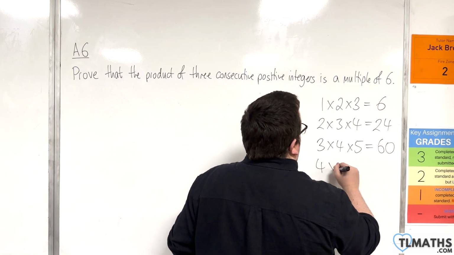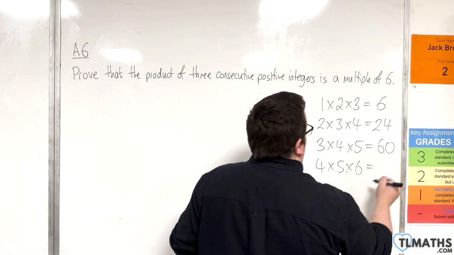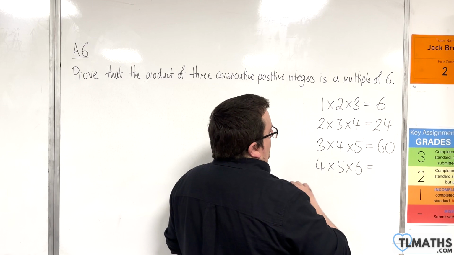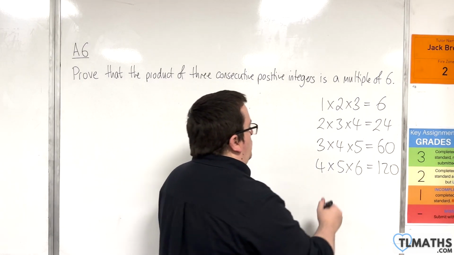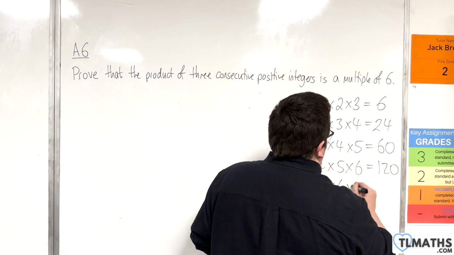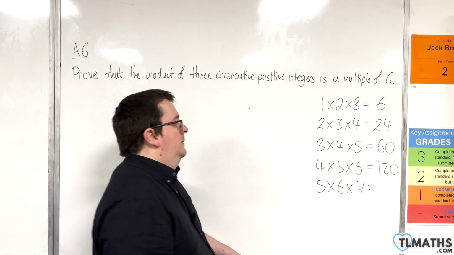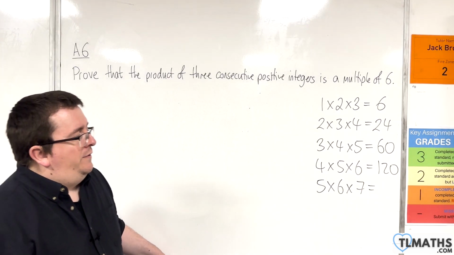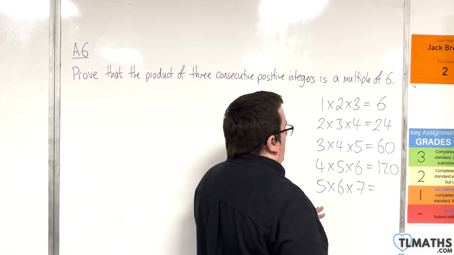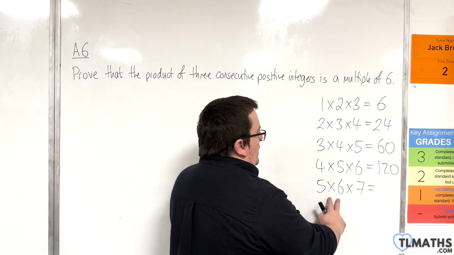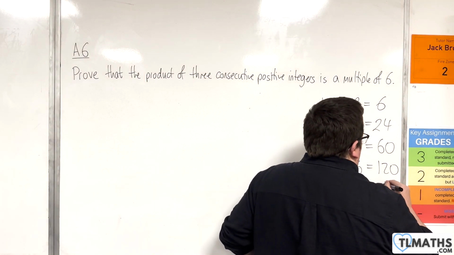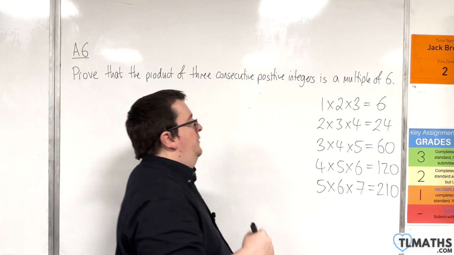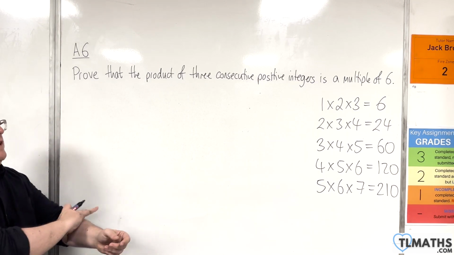What about 4 times 5 times 6? That's 120. Let's go one more. 5 times 6 times 7. 6 sevens are 42. Or 5 sixes are 30. So 30 times 7 would be 210, wouldn't it? 6 sevens are 42 times 5 is 210 as well.